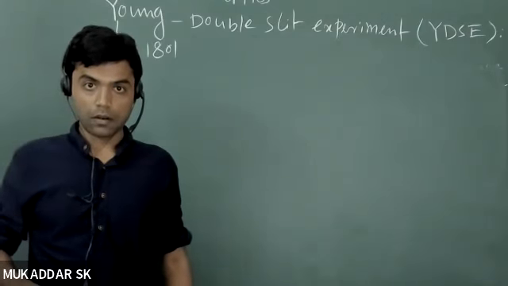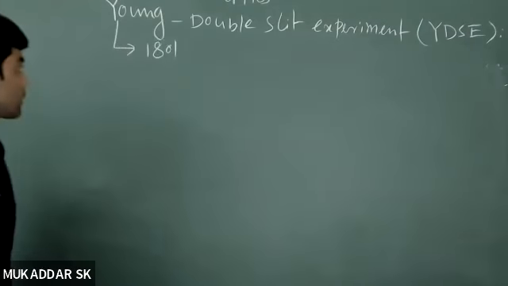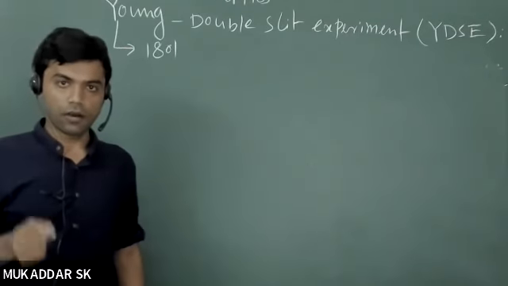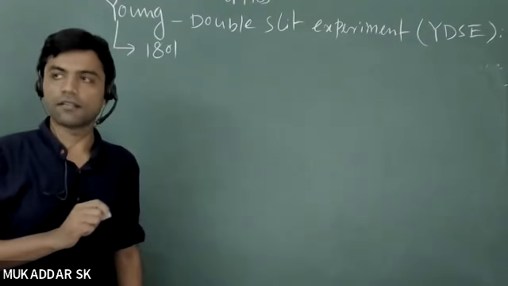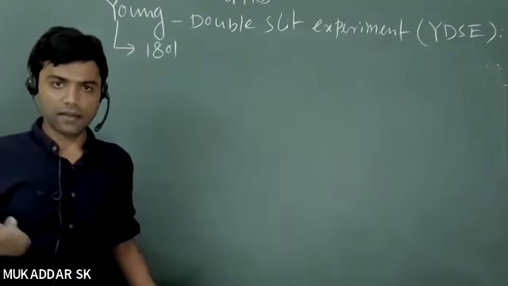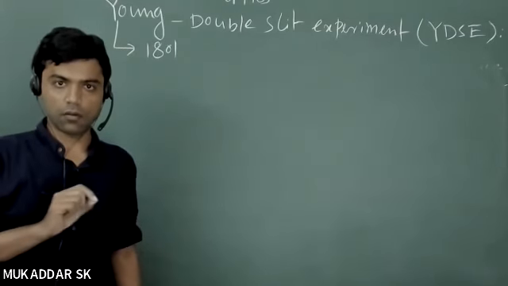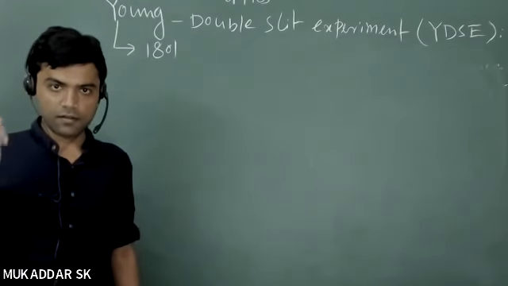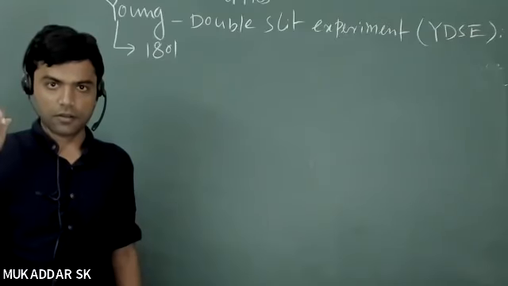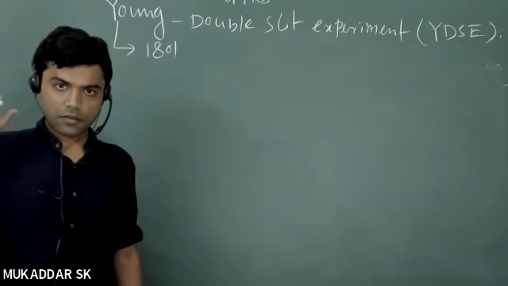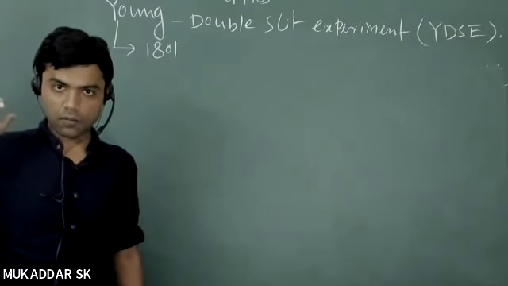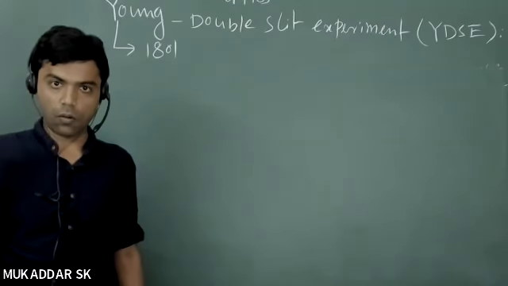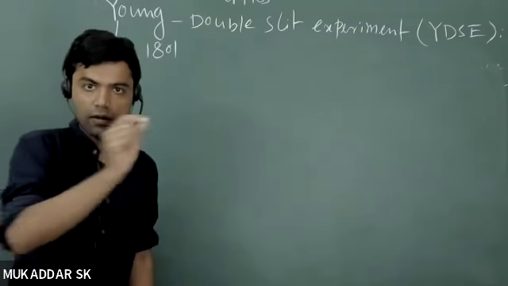Scientists used to say that light always follows a straight line path, but this experiment shows something different. It shows the wave nature of light, and that light will not always follow a straight line path.